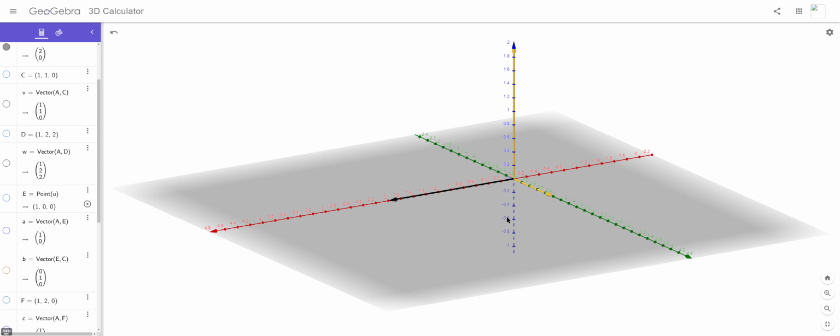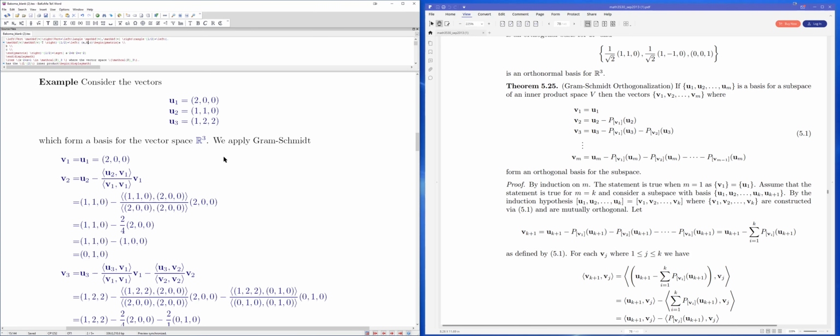So the original u1, u2, and u3 were not orthogonal, but now the new basis, v1, v2, and v3, are in fact mutually orthogonal. So I gave you an interpretation of how Gram-Schmidt works by subtracting projections.